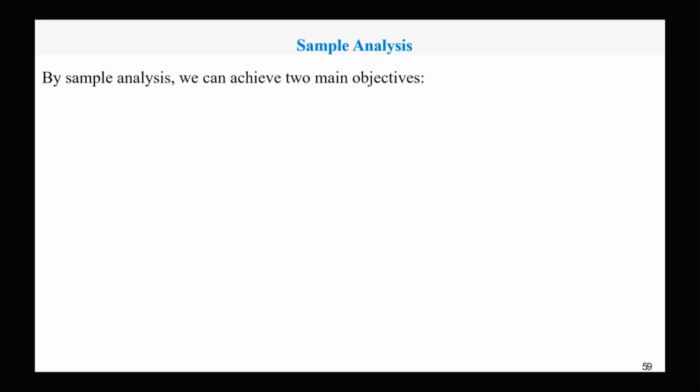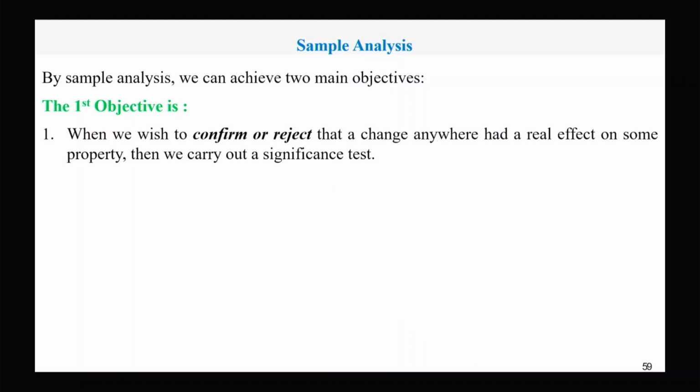So, by sample analysis we can achieve two main objectives. The first objective is when we wish to confirm or reject that a change made anywhere has had a real effect on the property.